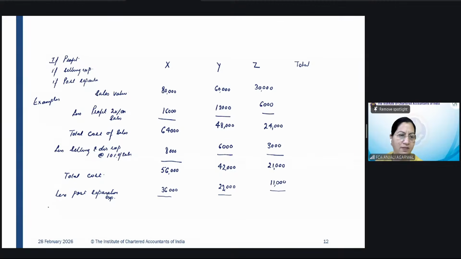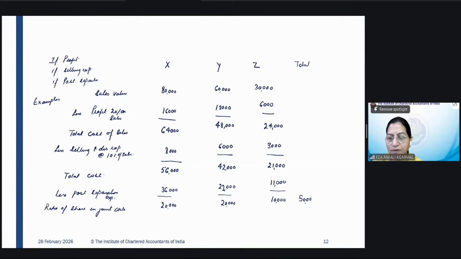So when you subtract this, you get a ratio of share in joint cost: 20,000, 20,000, 10,000. So this total is 50,000.